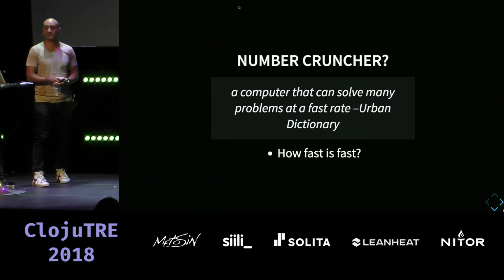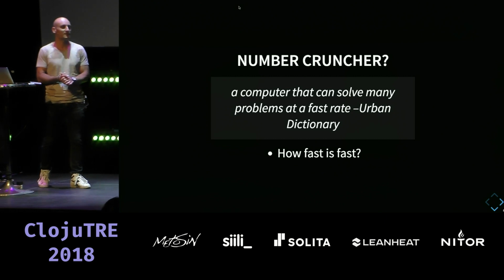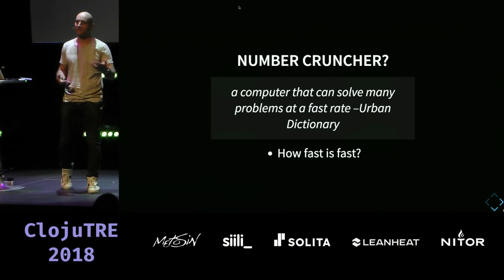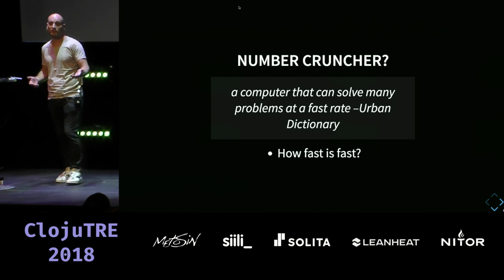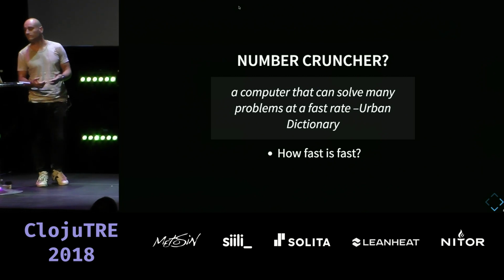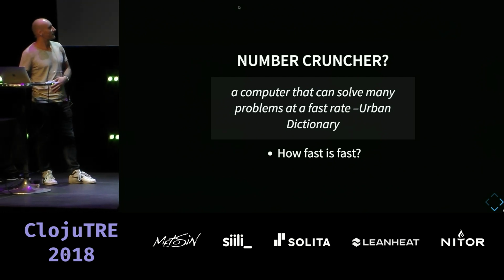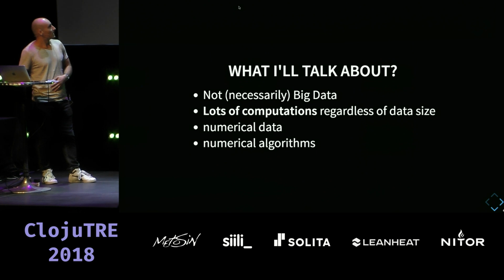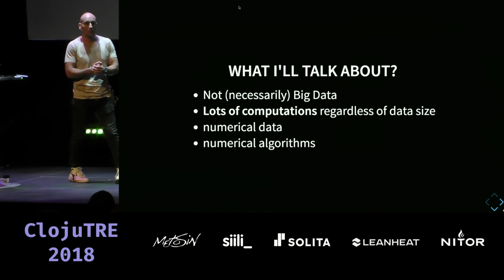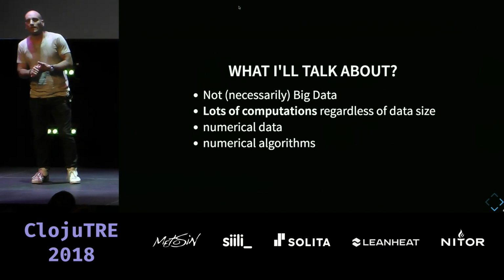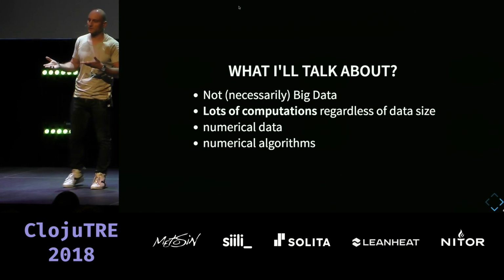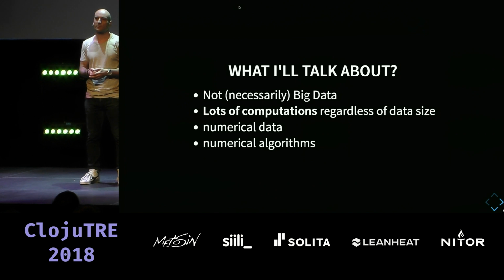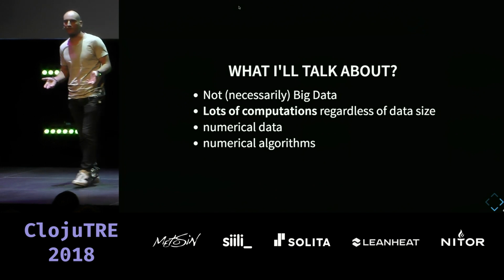But how fast is fast? When we talk about some technologies, sometimes JavaScript is fast, sometimes Java is fast, sometimes C is not fast enough. When we talk about speed, usually some things that we use run in milliseconds, which is a blink of an eye.